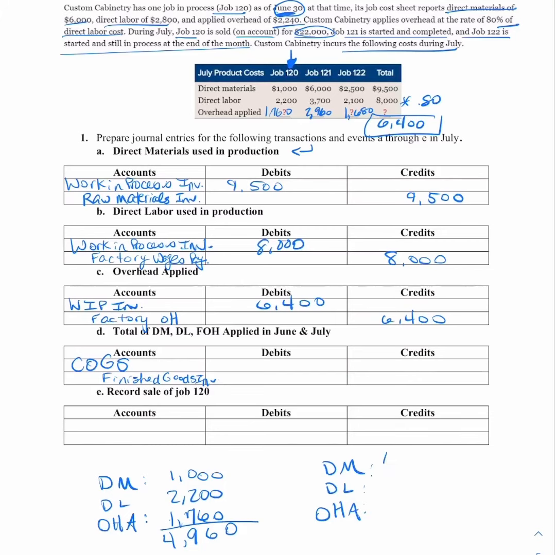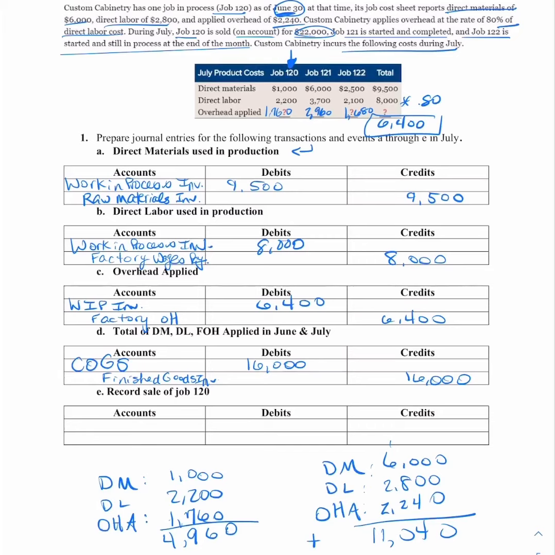So that's going to be direct materials of $6,000, direct labor of $2,800, and applied overhead of $2,240, which will give you $11,040 from June. You'll add that back to the cost that you had in July for the overall total cost of $16,000. And that is the actual correct amount for your debit and for your credit.